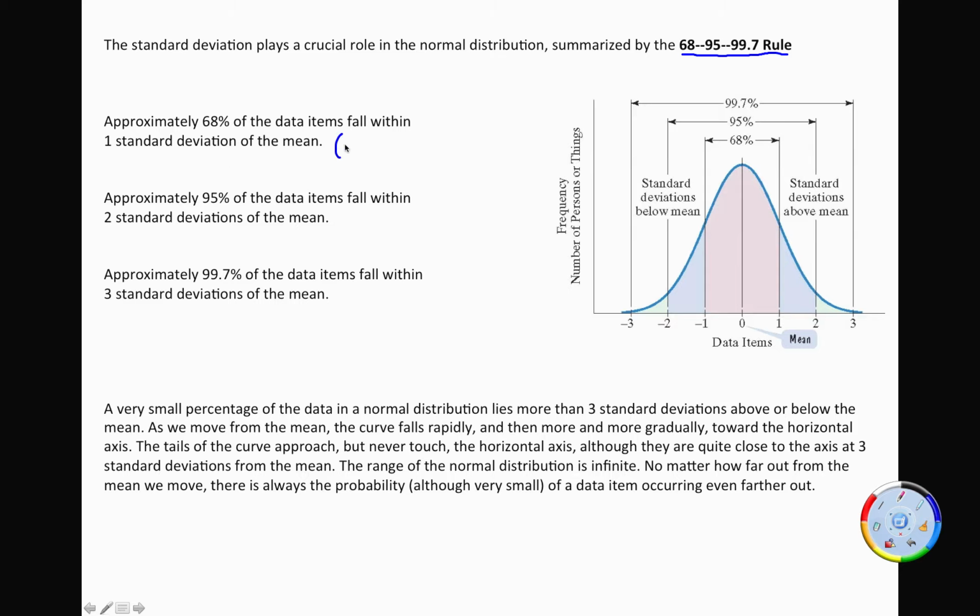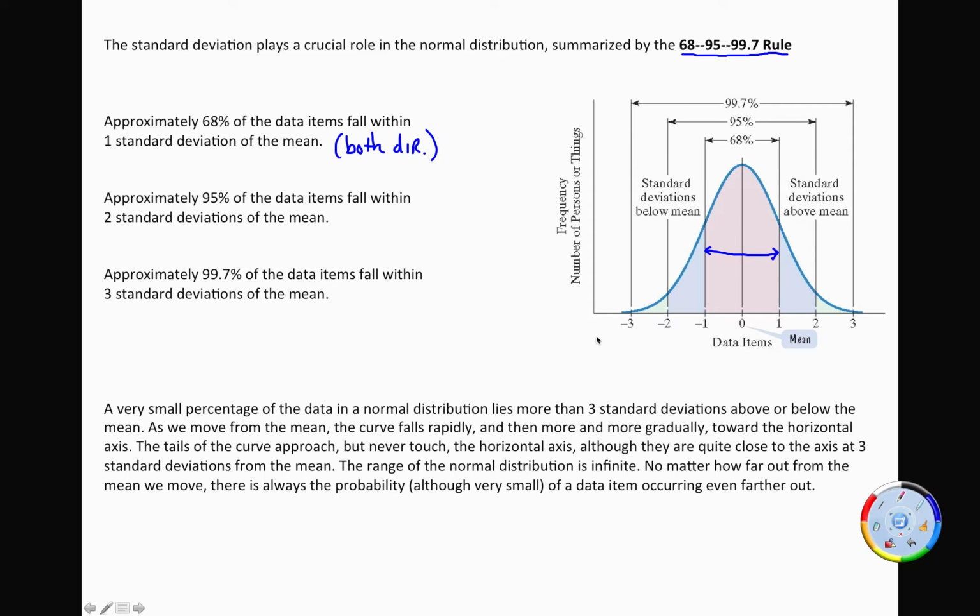Now this means in both directions, right? Both directions. So right here, here's the mean and the median and the mode, right? The mean right in the middle, and within one standard deviation of that mean in both directions is 68% of the data.